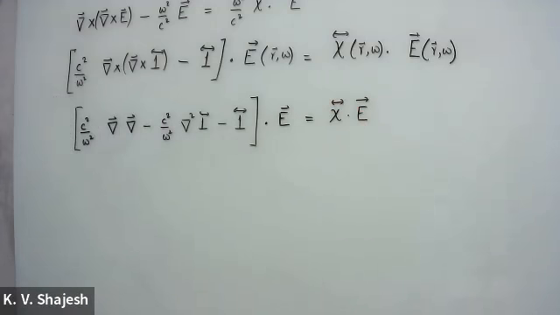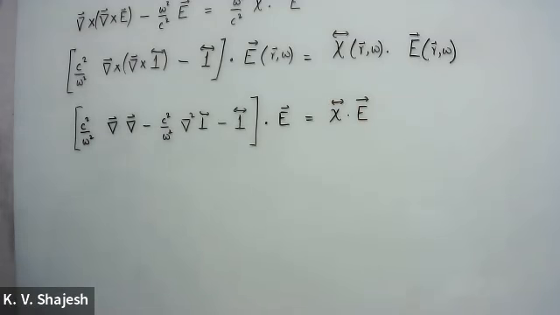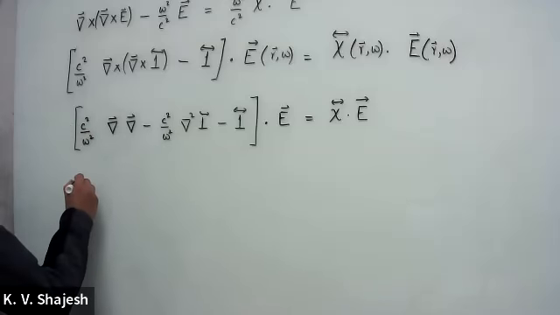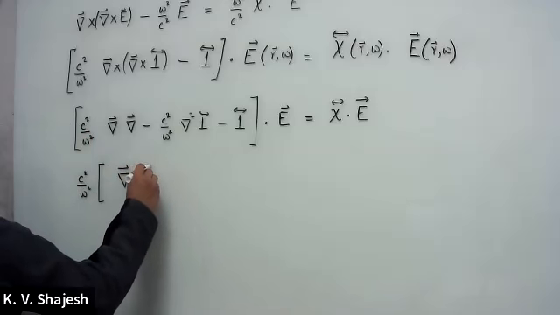I'm going to write that as, pull this c square over omega square out. Write this as gradient, gradient.